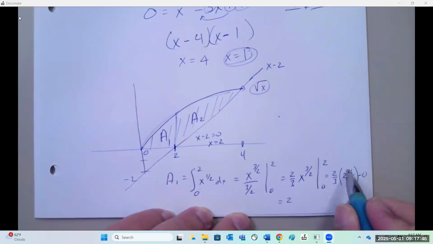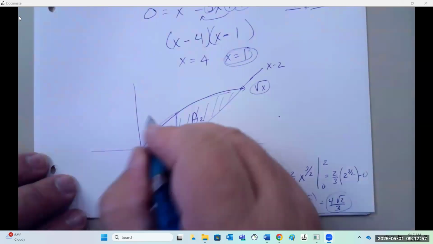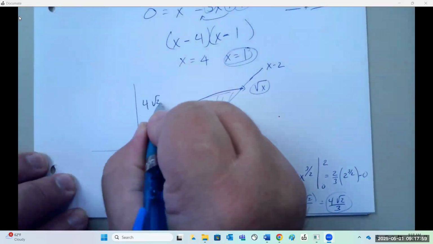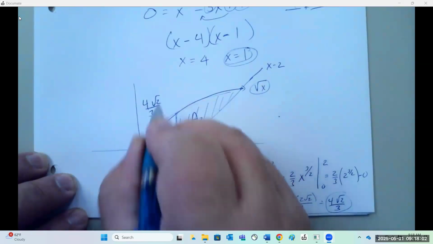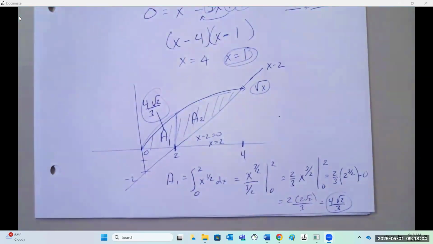The square root of 8 is 2 radical 2. So this area is 4 radical 2 over 3. That's the first one.